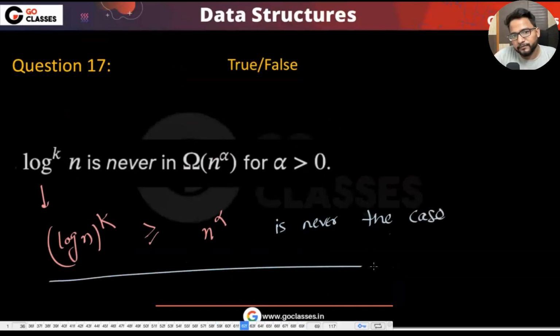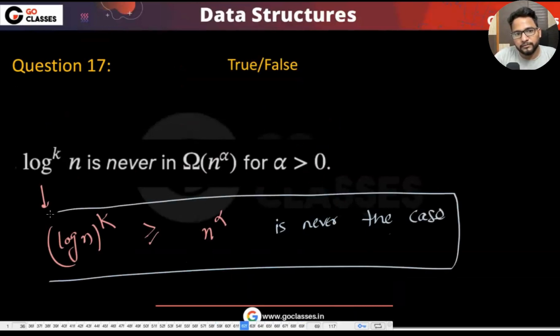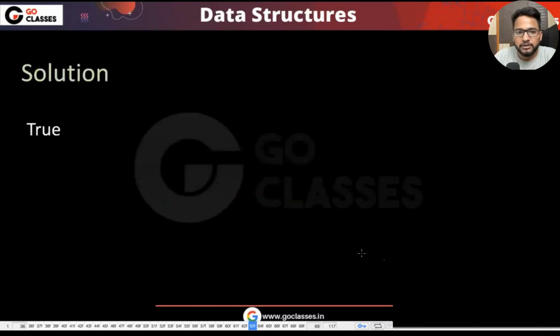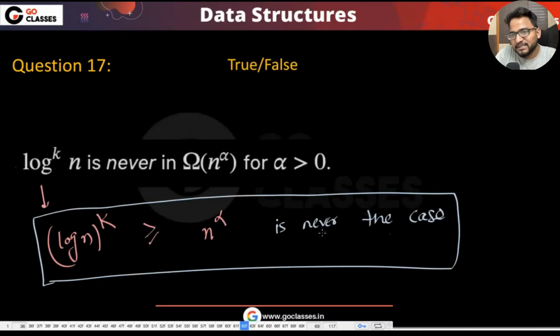Tell me, is this true or false? This is true, right? They are saying never the case. They are negating by themselves. So I think this is true. If they are saying it is the case, then it would be false. They are negating by themselves. They are saying that this is never the case. So I think this is true.